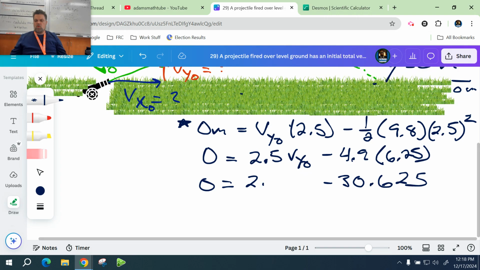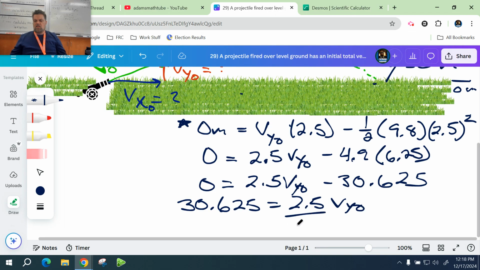So 0 is equal to negative 30.625 plus 2.5 V naught. Going to add this to both sides, and I get 30.625 is equal to 2.5 V naught. Divide by 2.5.